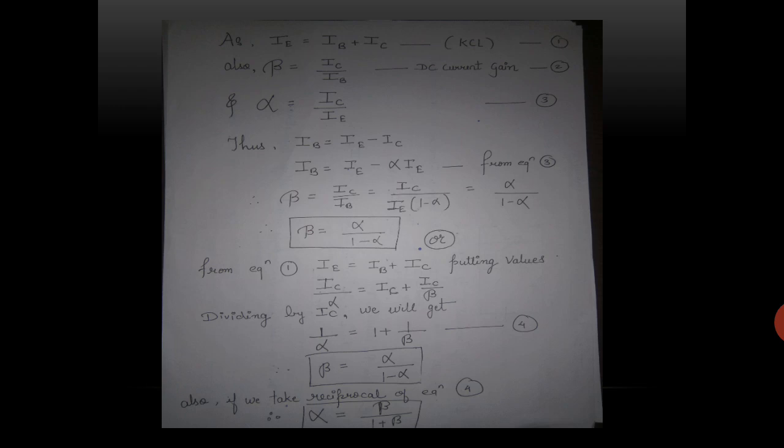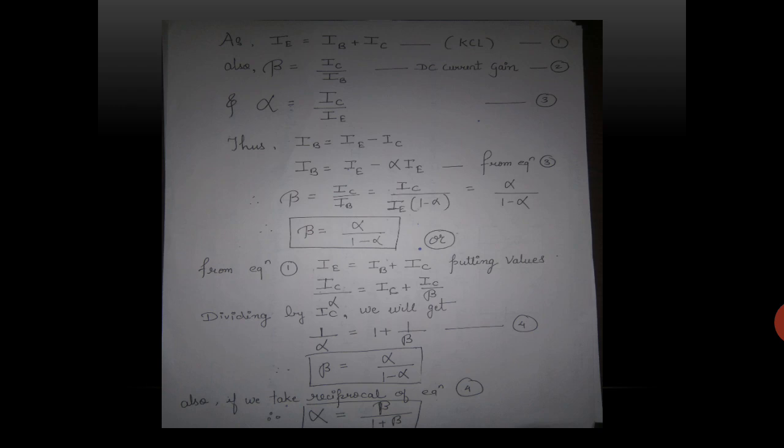So let's see, from equation number 1, IE is equal to IB plus IC by Kirchhoff's current law. Also we know that beta is equal to IC upon IB and alpha is equal to IC upon IE. Hence we get IB is equal to IE minus IC from equation number 1.